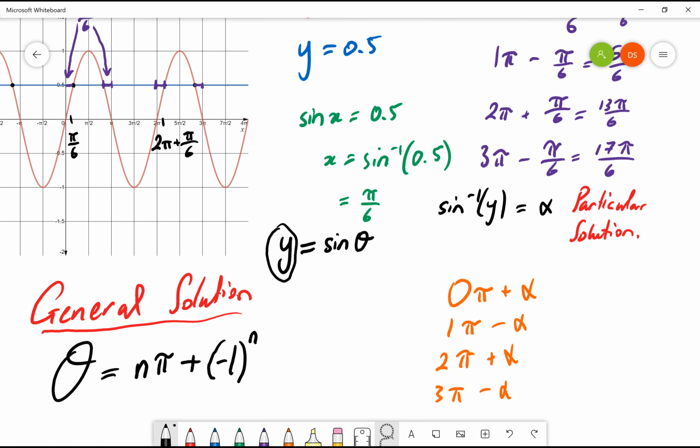When n is an even number, this is positive. When n is an odd number, this is negative, times our alpha. Theta equals n pi plus negative 1 to the power of n times alpha. If n is odd, then this becomes an odd number, and this becomes a negative. Okay, this is the sine general solution.